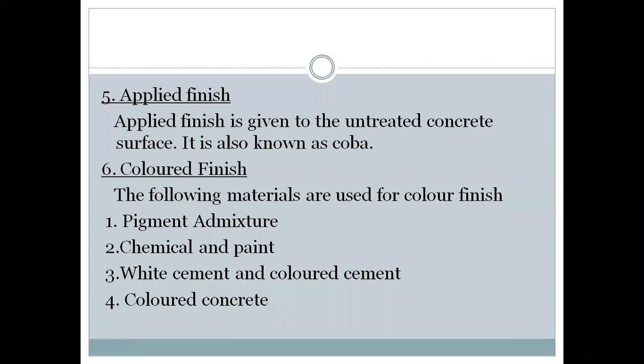We add pigment into the cement, or in the market colored cement is available. Using that colored cement or colored concrete, we can give the finish to the concrete surfaces.